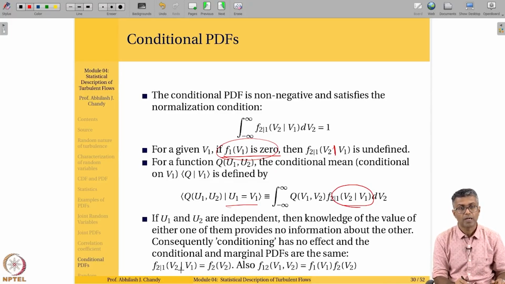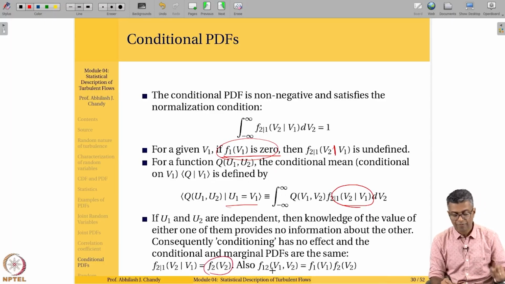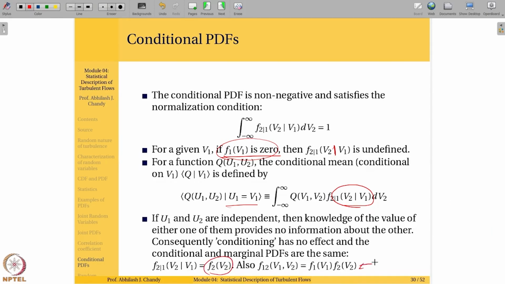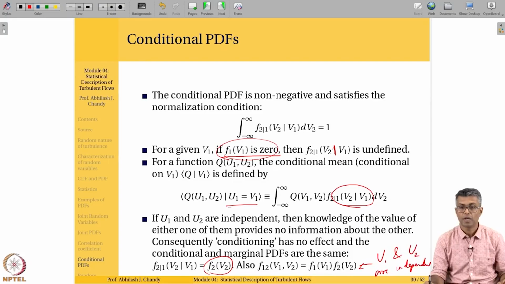So F2|1 of V2 conditioned on V1 is equal to F2 of V2, and also F12 of V1, V2 is just F1 of V1 times F2 of V2. This is if U1 and U2 are independent. If they are independent of each other, then you cannot have a joint PDF, then they are just separate marginal PDFs. So the marginal and the conditional PDFs are the same.